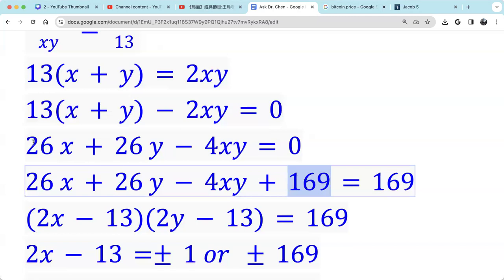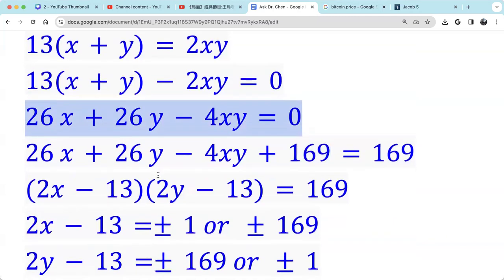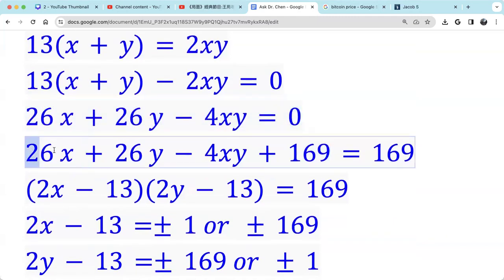Right, we want to factor out the left-hand side. So we see this is one way to make it in a factored form. 26x plus 26y minus 4xy plus 13 squared, which is 169. Well, when we add 169, we have to add 169 on the other side also.